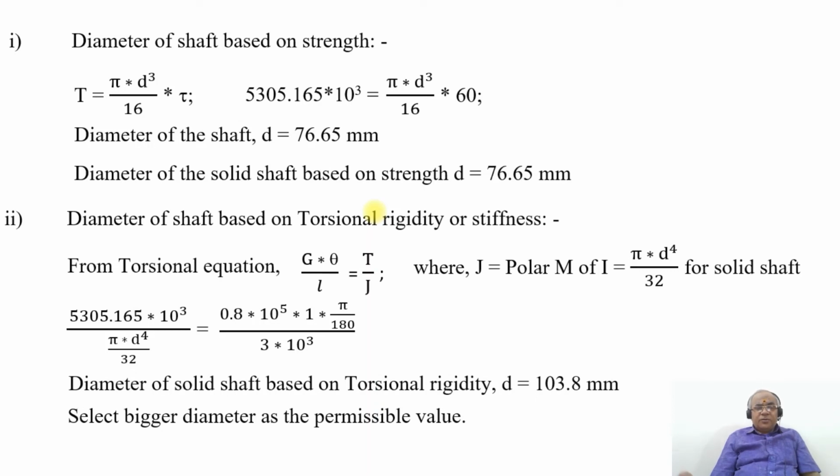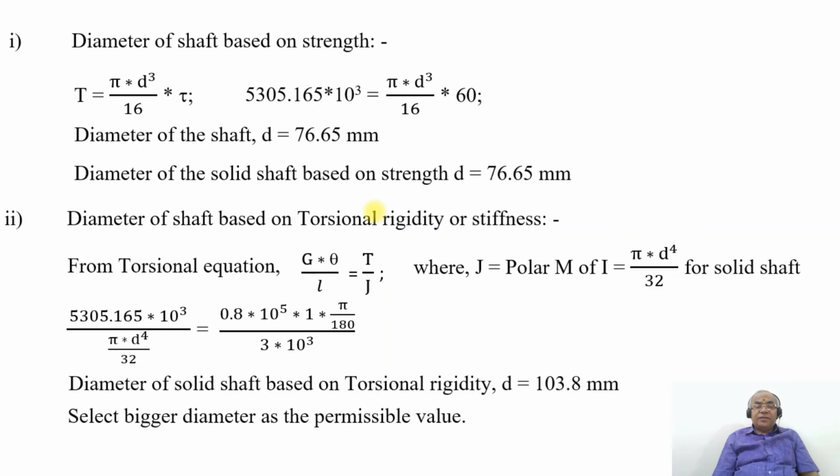Once we have found the diameter of the shaft based on the strength criterion and also on the rigidity criterion, we compare these two and select the bigger diameter as the permissible value.